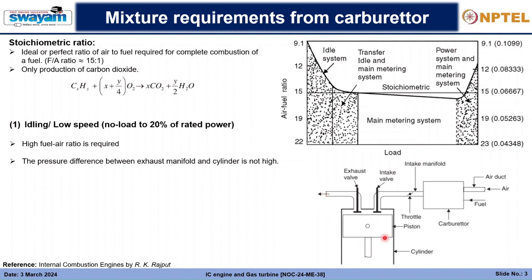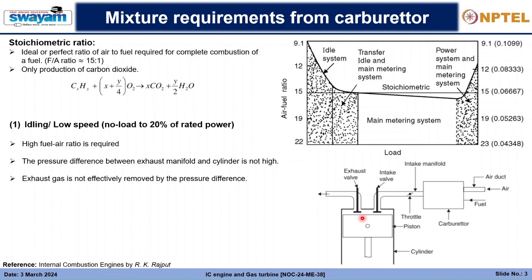So the pressure inside the cylinder is not high because the speed is not high, and it is not getting enough fuel air mixture to burn. We do not need that amount of speed or torque or power to be generated. So the pressure is low, and due to the low pressure difference, the exhaust gas is not effectively removed, right?